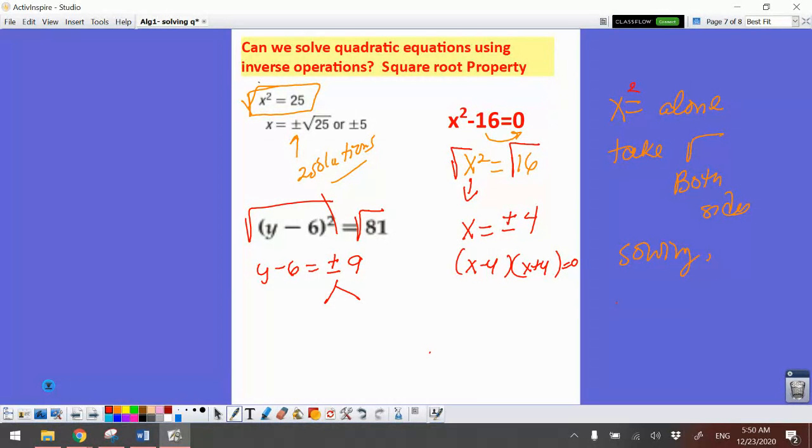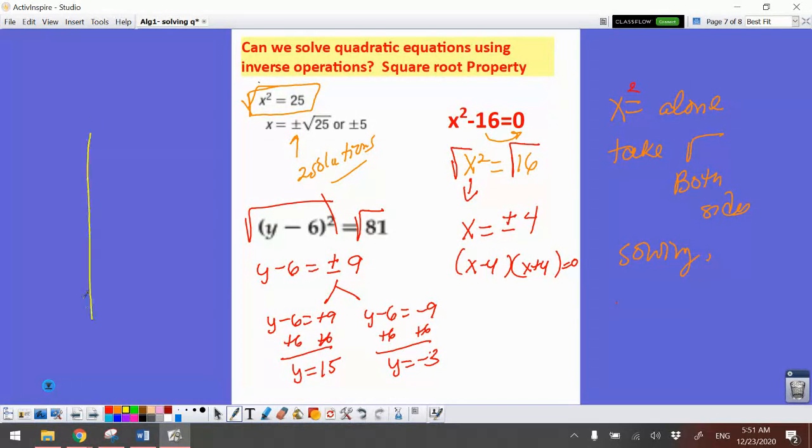So this leads to two equations. y minus 6 equals the positive 9. y minus 6 equals the negative 9. And then I'm going to solve. So I'm going to add my 6, and I get y equals 15. If I add my 6 here, I get y equals negative 3. Okay, so if I was to sketch that, I've got negative 3 here, and I've got positive 15 way over here.